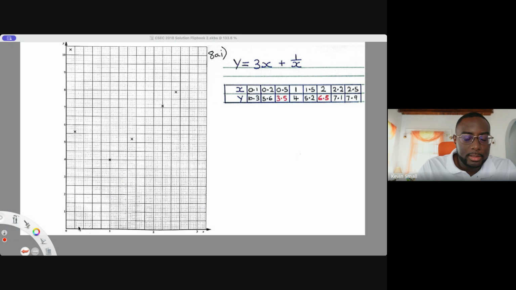So let's see where 0.5 would be. So this is 1, 2, 3, 4, 5. So can someone work out for me what each of these little squares in here represent? If there are 5 lines going across, what would each of these squares represent?